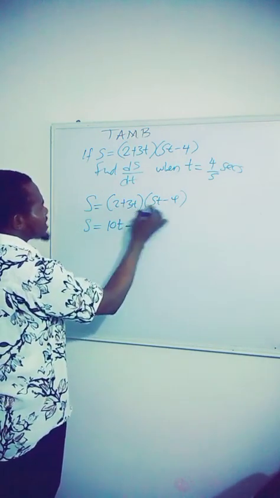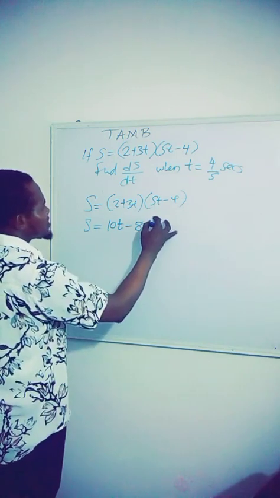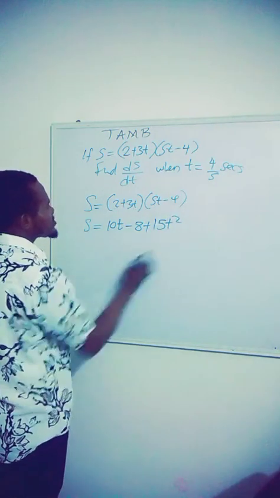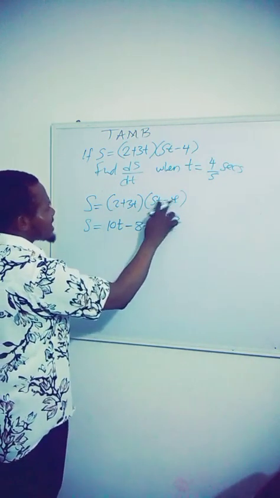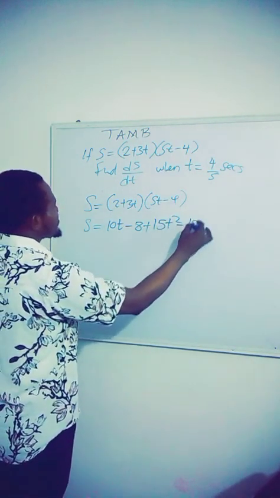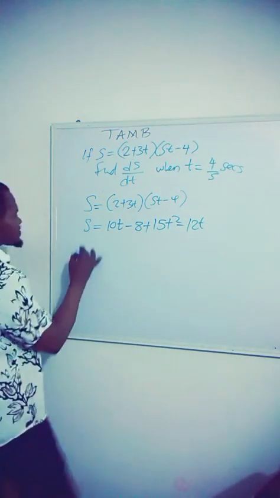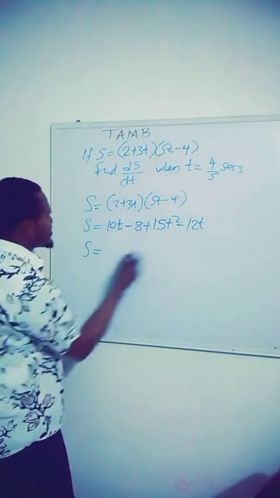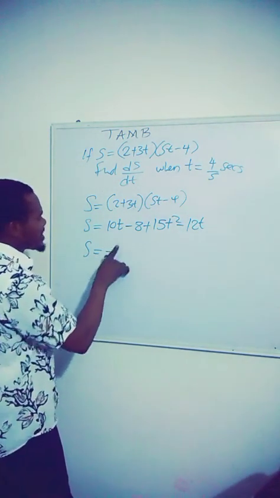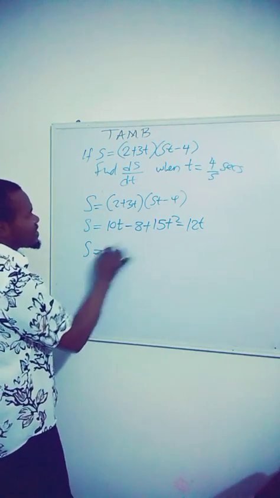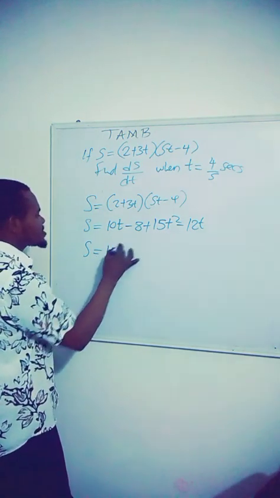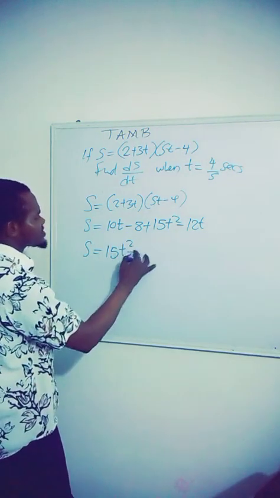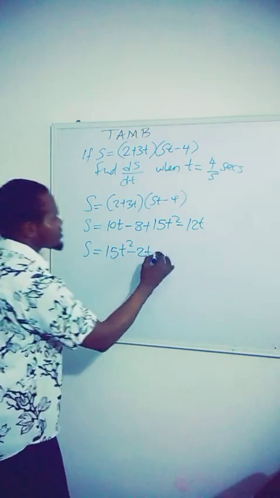Plus 3t times 5t, that is 15t squared. 3t times minus 4, that is minus 12t. So we can collect terms. S equals, let me start from the highest power: 15t squared. The next one is 10t minus 12t, that is minus 2t, then minus 8.